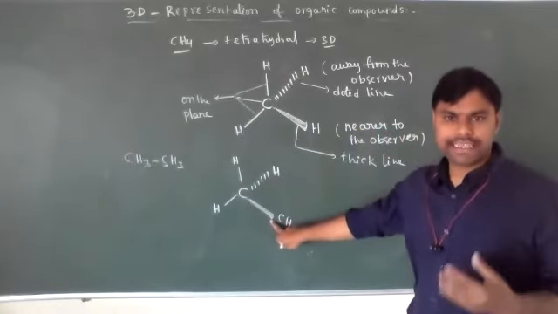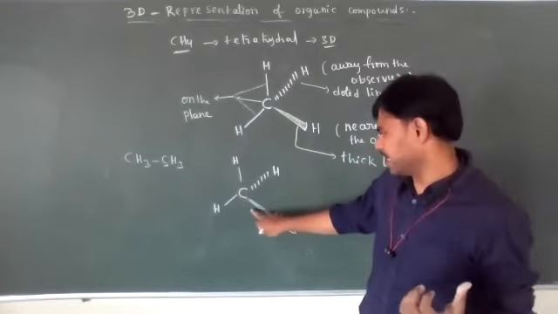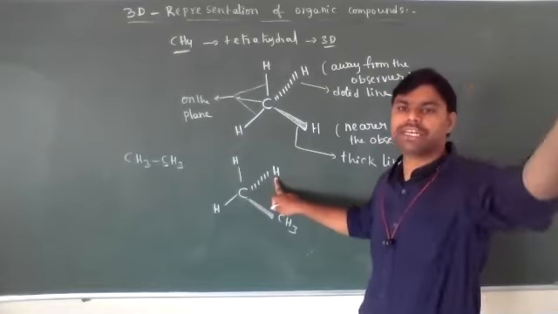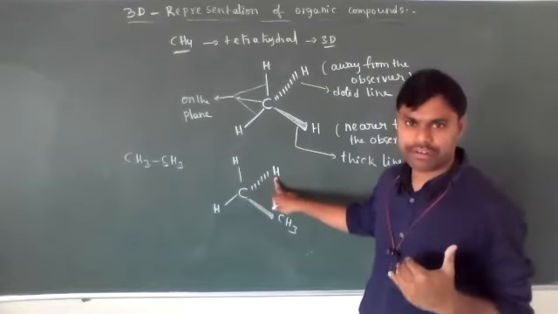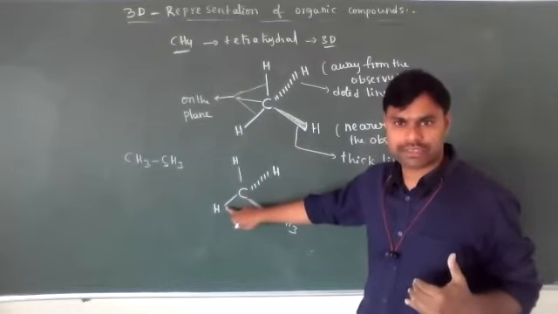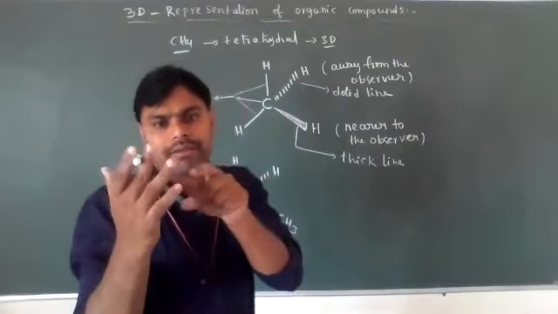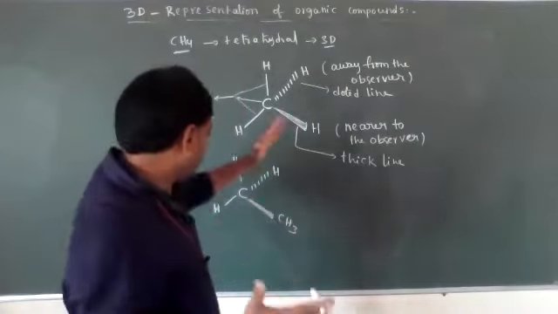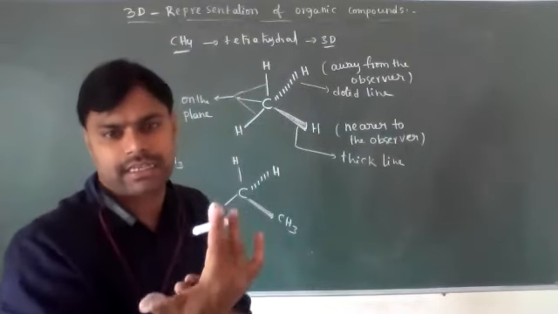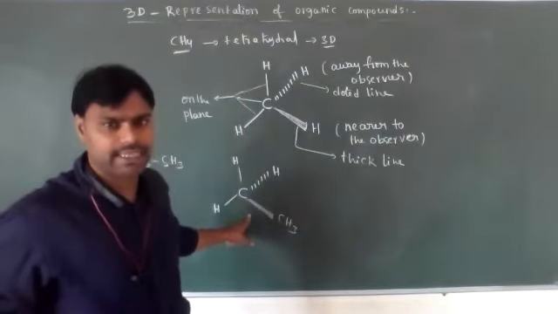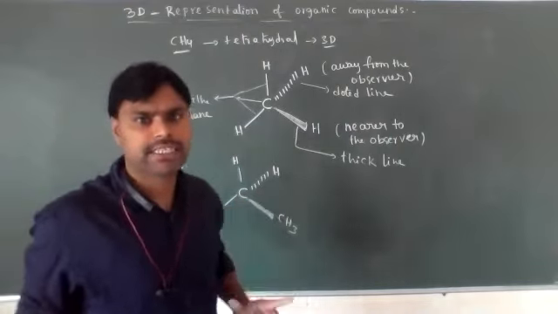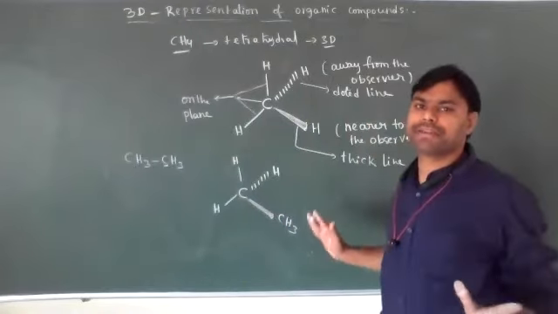The CH3 group is nearer to the observer, the front side. That's why this is a thick line. This one hydrogen atom is away from the observer, represented by dotted lines. Out of four bonds, the carbon atom and any other two groups are present on the plane. Of the remaining two groups, one is front, another one is back. The front side groups are represented by thick lines, and back side groups are represented by dotted lines. This type of representation is known as three-dimensional representation.